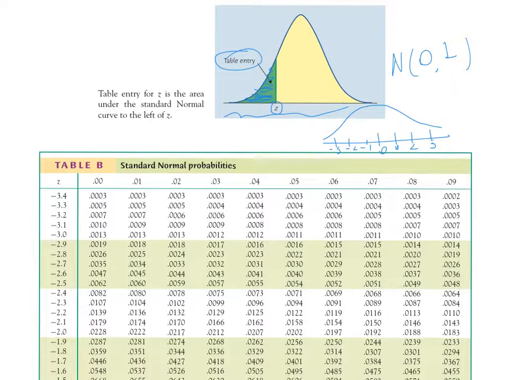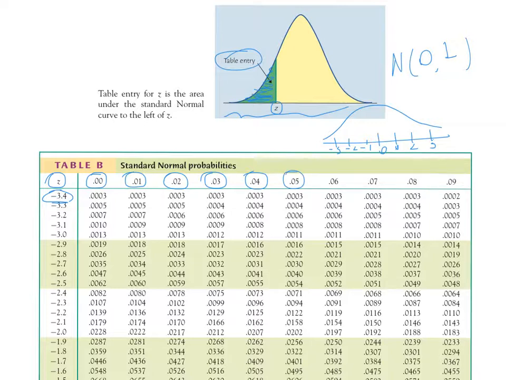So let's look at the column headed by z. The first number is -3.4. Now these columns give us the second decimal place of the z value.